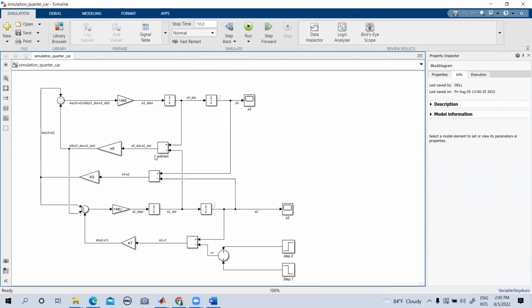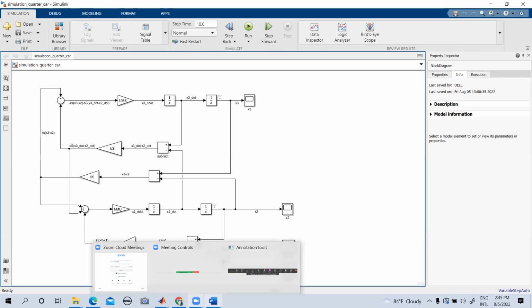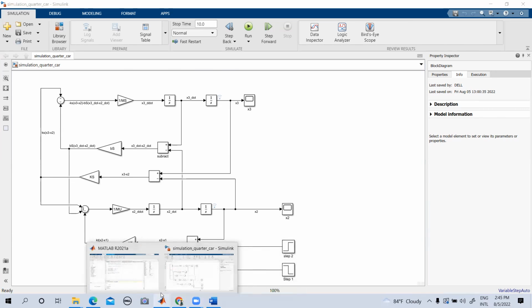Now don't refer to this and build the same thing, otherwise this is going to be pointless. It's this simple. I just want to show you the response of this, so we'll go to the MATLAB code.